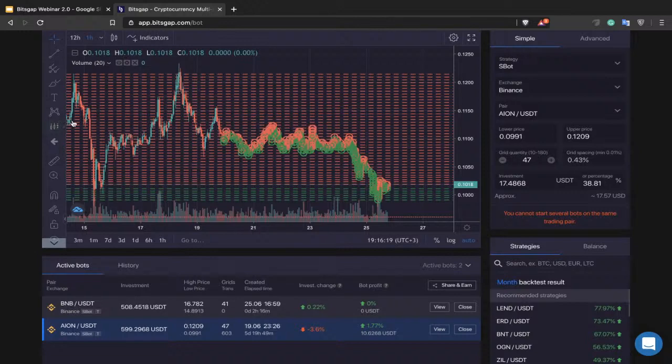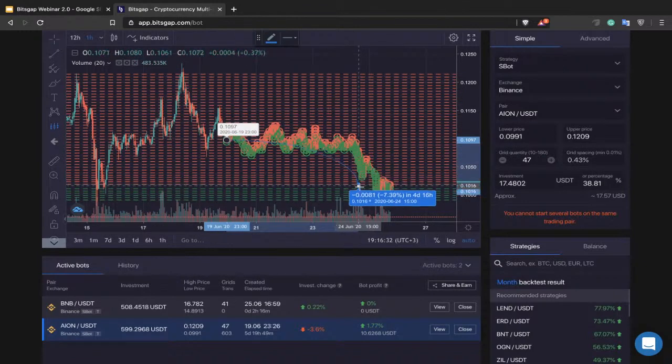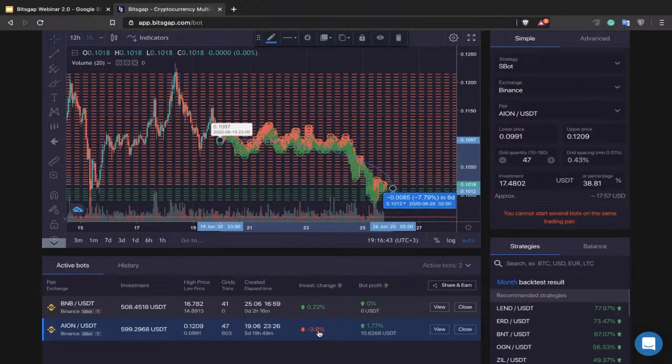And if you wouldn't use automated trading, and if you would buy the ION cryptocurrency at that point where I launched the bot, your hodling would bring you minus 7.8%, all right? So from the point of inception to the point of current price, minus almost 8%. But with automation, that's only minus 3.6%.